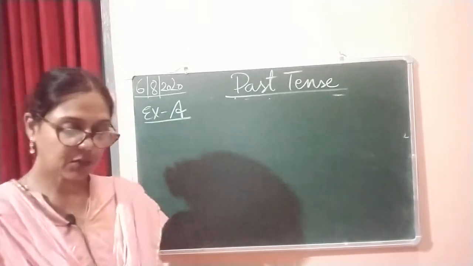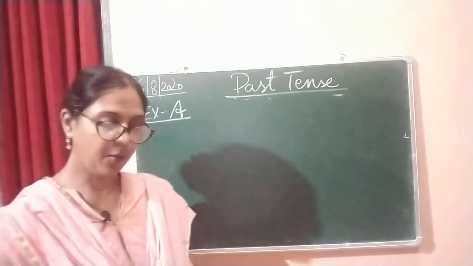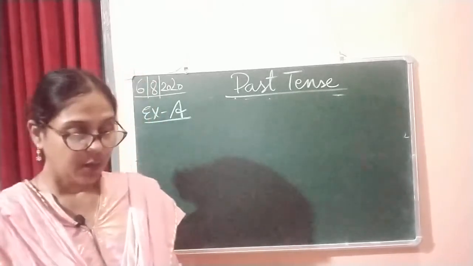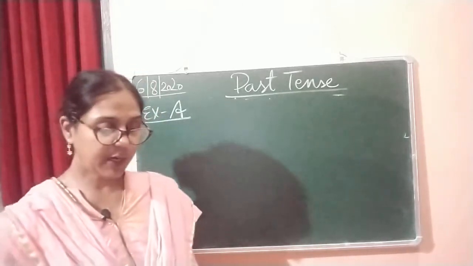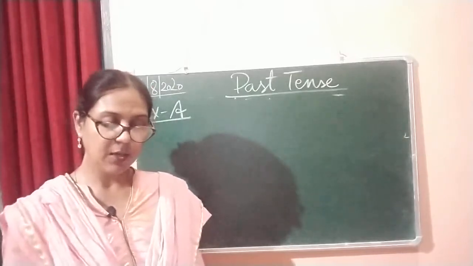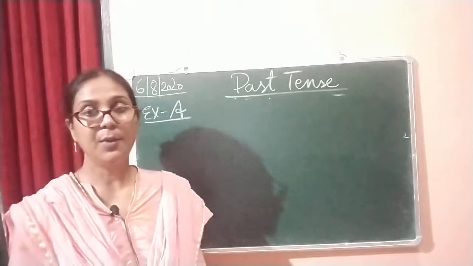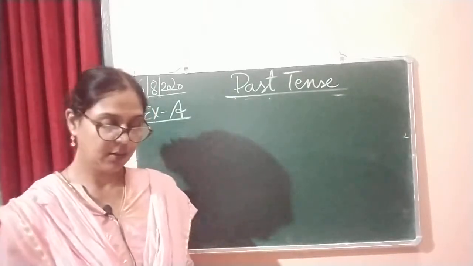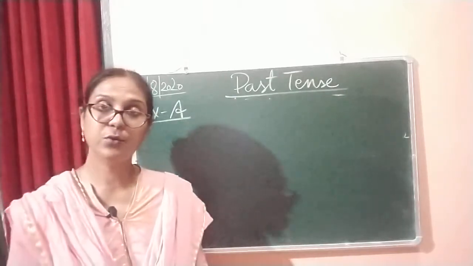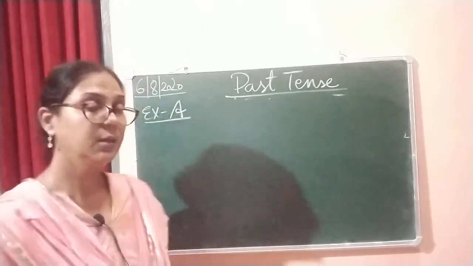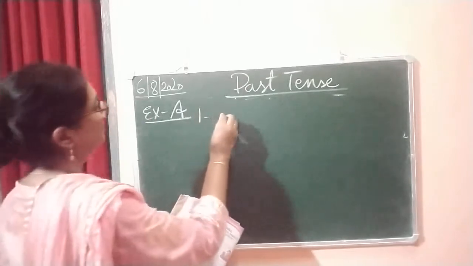Fill in the blanks with the simple past tense form of the verb given in the bracket. First is, she dash to fall down the steep slope. In bracket it is given begin. So now we are supposed to write the second form of the verb. So in first, began.